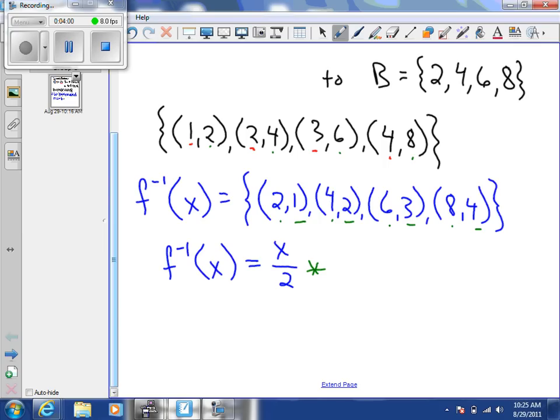What you should notice in the inverse function is that all of the numbers in the domain, the 2, the 4, the 6, and the 8, are the range in the original f of x function. And the range in the inverse function, the 1, 2, 3, and 4, is the domain back in the original function. That relationship will always exist with inverse functions.